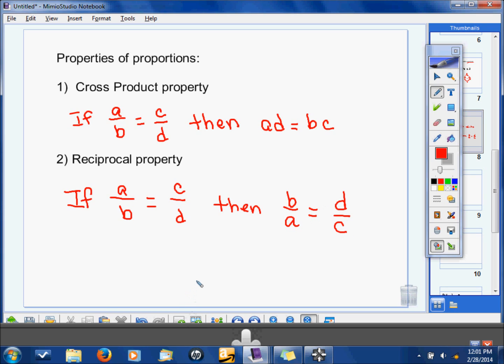This one's more useful. Cross products we're going to use more to do problems. It's just harder to find a place where you can use the reciprocal property. So we've got these two properties that we're going to use heavily, well, the first one, in order to find answers to questions.